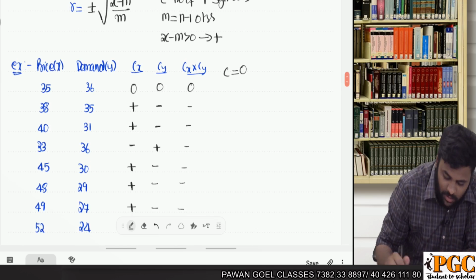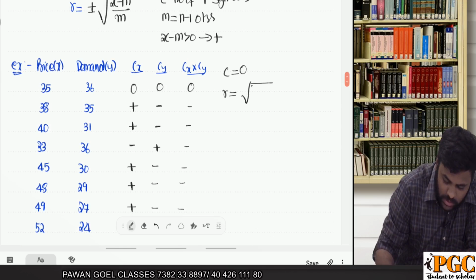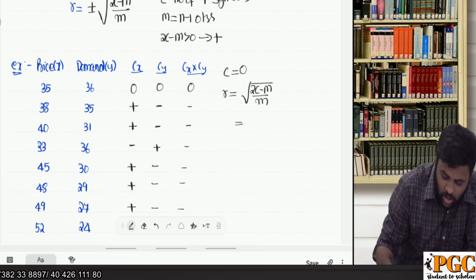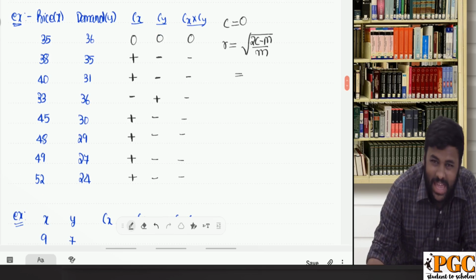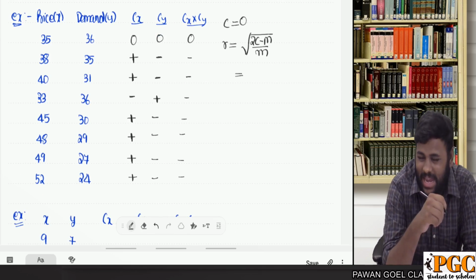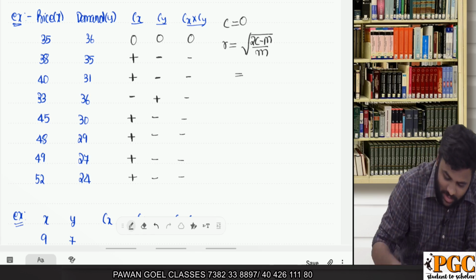Now applying in our formula, r is equal to root of (2c minus m) divided by m. Now total how many observations are there, my dear friends? 1, 2, 3, 4, 5, 6, 7, 8. So n is supposed to be 8, and m is supposed to be 8 minus 1, 7.